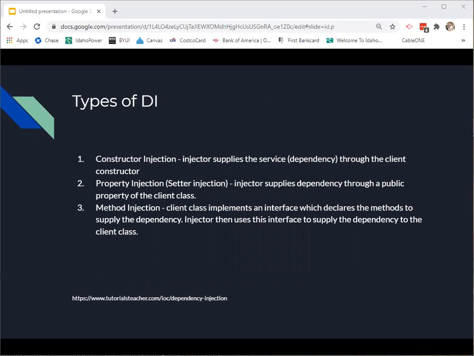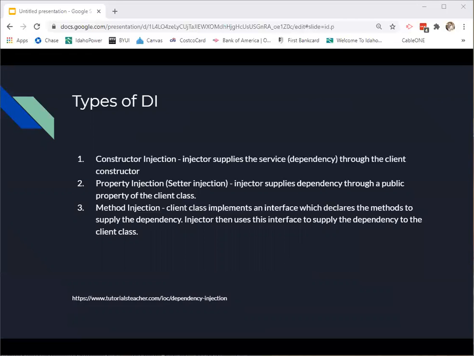There are three main types of dependency injection. The first type is constructor injection. With constructor injection, an injector supplies the service or dependency through the client constructor. Second is property injection.